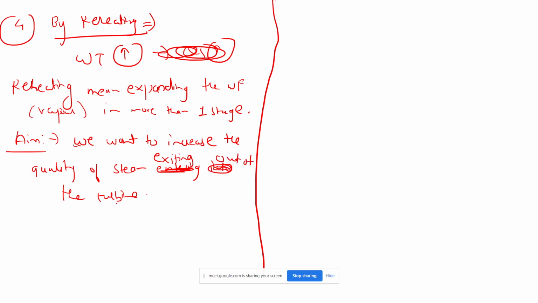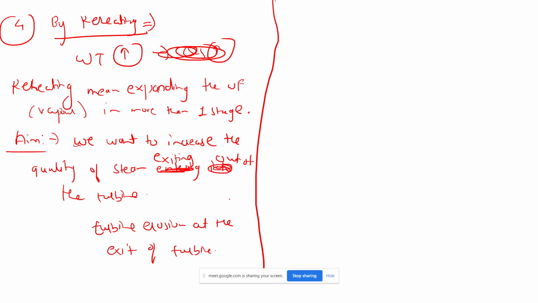Why do we want this? Because if the steam coming out of the turbine has a low dryness fraction, turbine blade erosion will occur at the exit of the turbine.